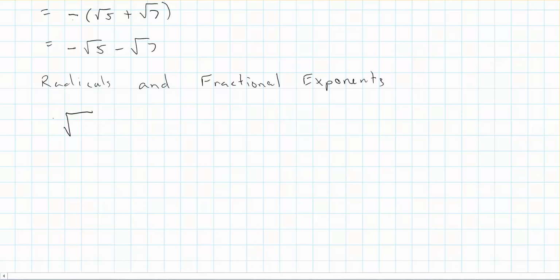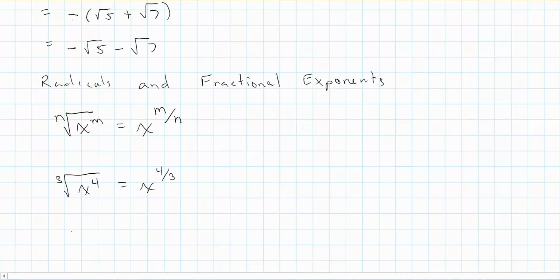If we have the nth root of x to the m power, this is equal to x to the m over n. So, quick example here. If you have the cube root of x to the 4th power, this would be equal to x to the 4/3 power.